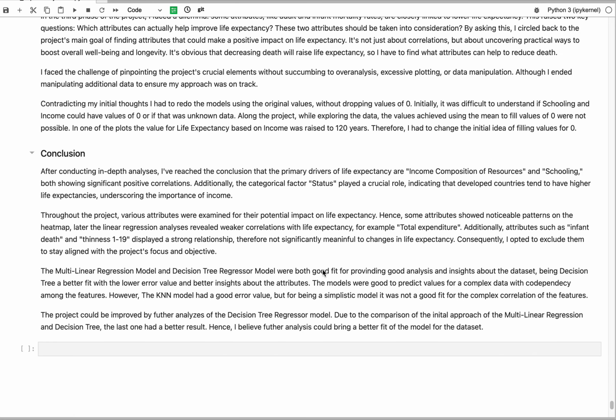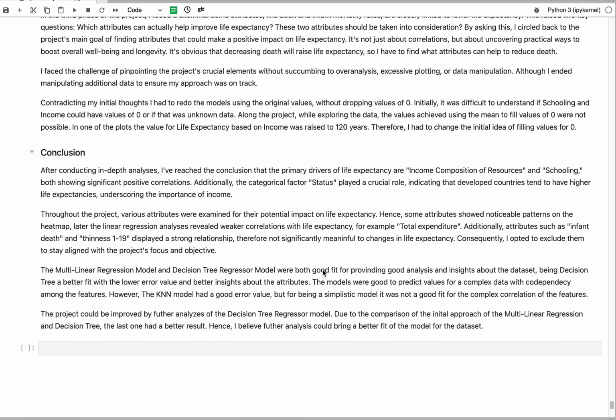My conclusion is that the multilinear regression model and the decision tree regressor model were both a good fit, the decision tree being a better fit because since the beginning with the raw data, the decision tree regressor model already showed good values for the error and also for the income and for the schooling, while the multilinear regression showed better values when the data was manipulated.